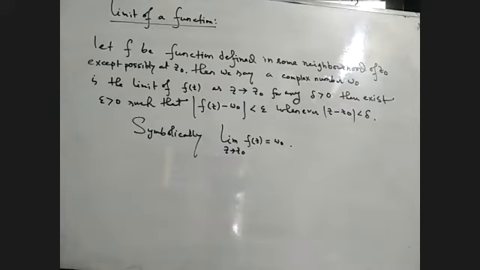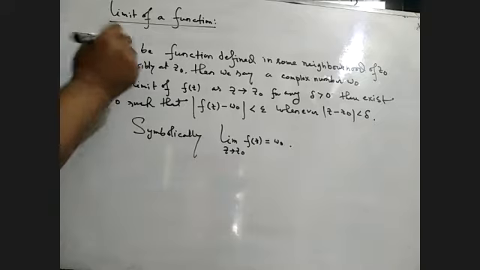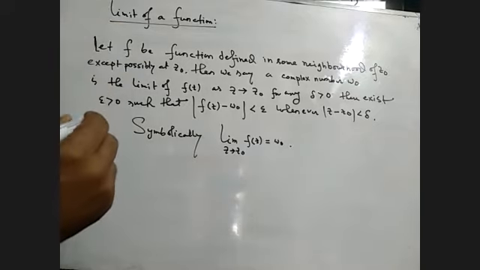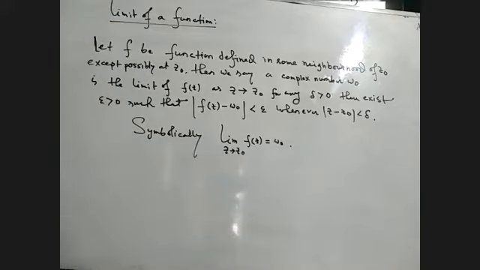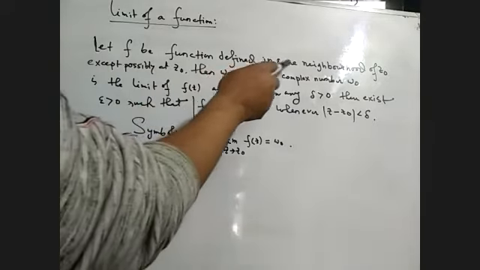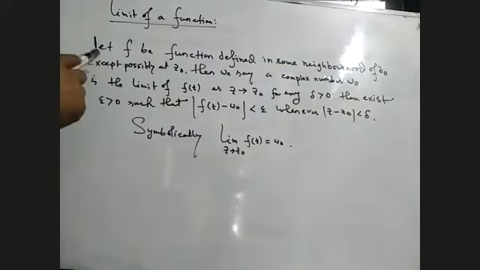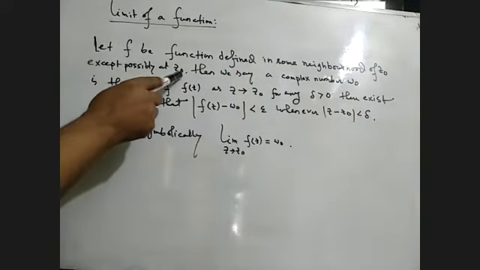Now, what is the limit of a function? Let f be any complex function in the complex plane. Let f be a function defined in some neighborhood of z naught, except possibly at z naught.